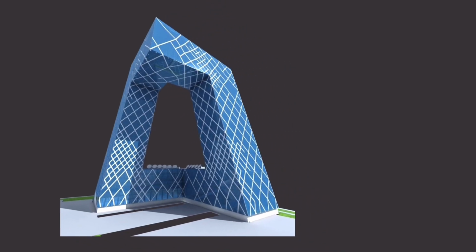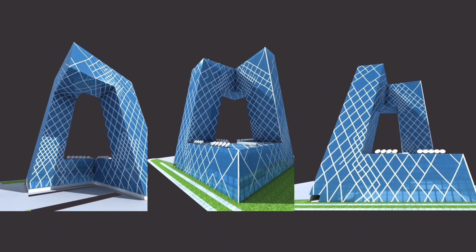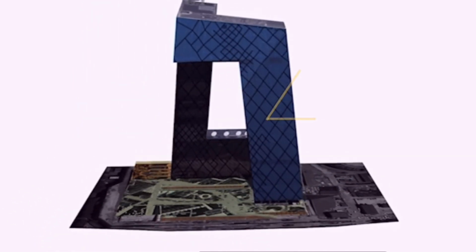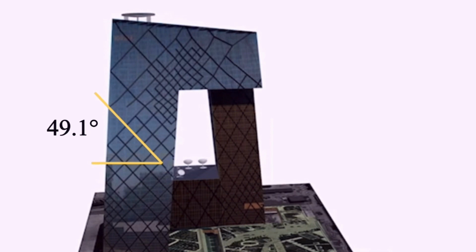When the zeta value of the diamond grid applied to CCTV headquarters is measured through 3D modeling, it is 53.6 degrees and 49.1 degrees, respectively, so it can be seen that this is consistent with the prediction.